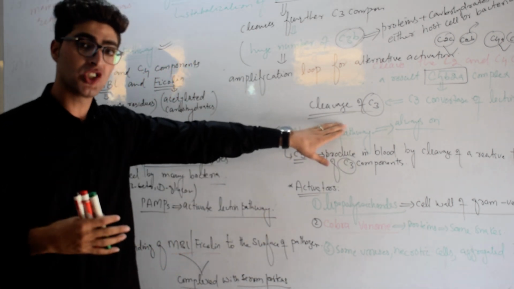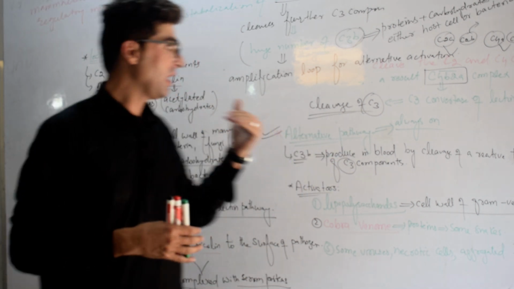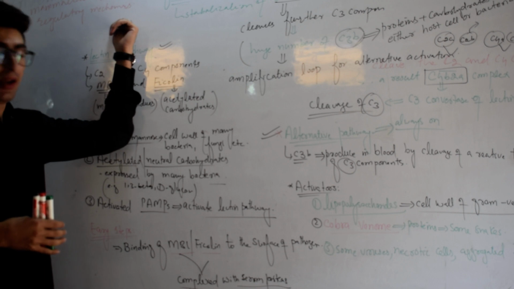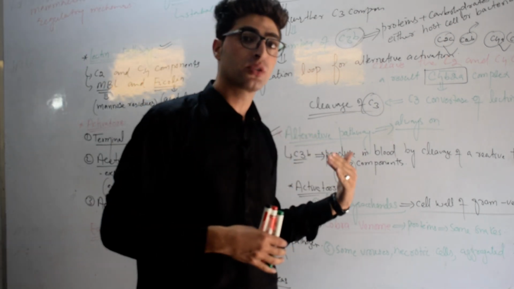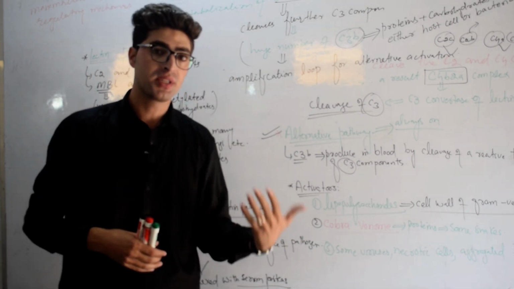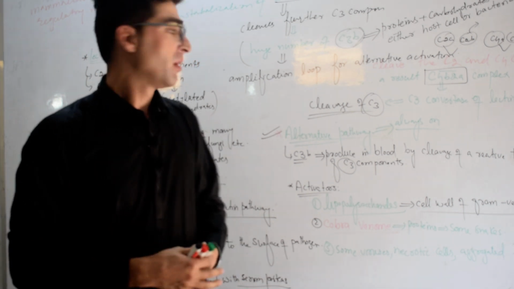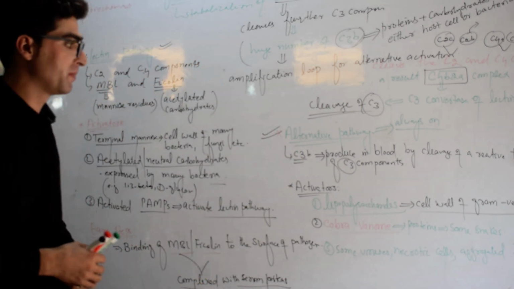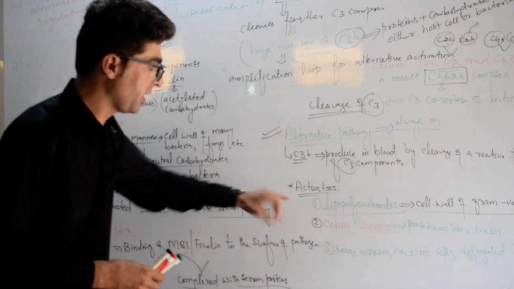However, microbial cells lack these mechanisms and cannot prevent the alternative pathway. So it leads to the subsequent steps of complement activation, and in this way the microbes are killed by the alternative pathway. So these are the activators.